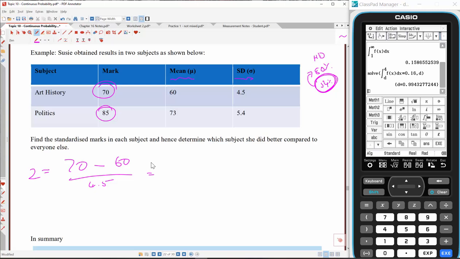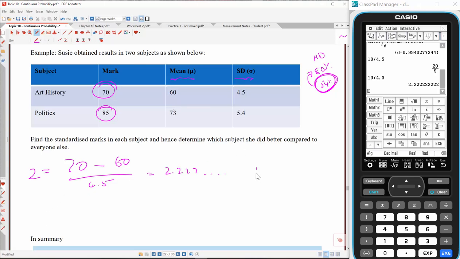So on the calculator, it's 70 take 60 is 10, over 4.5, equals 2.222... So she sits between 2 and 3 standard deviations above the mean, which is very good. As we established earlier, that's the top, I can't remember, 2.5%.